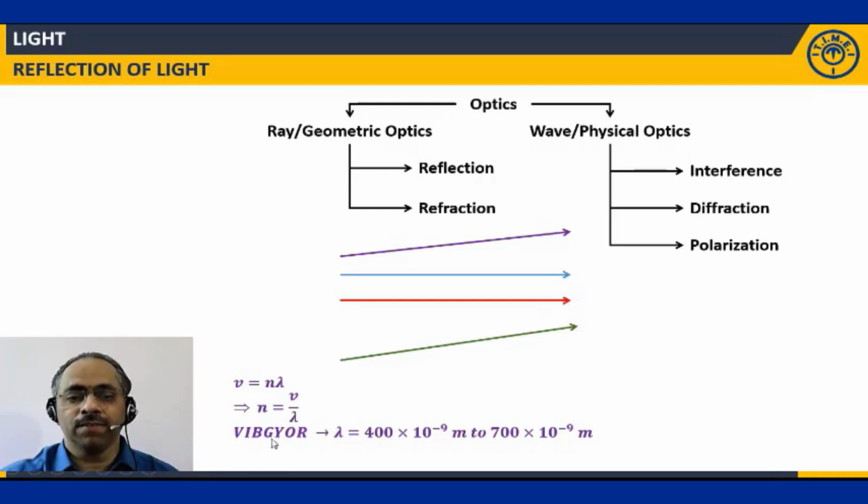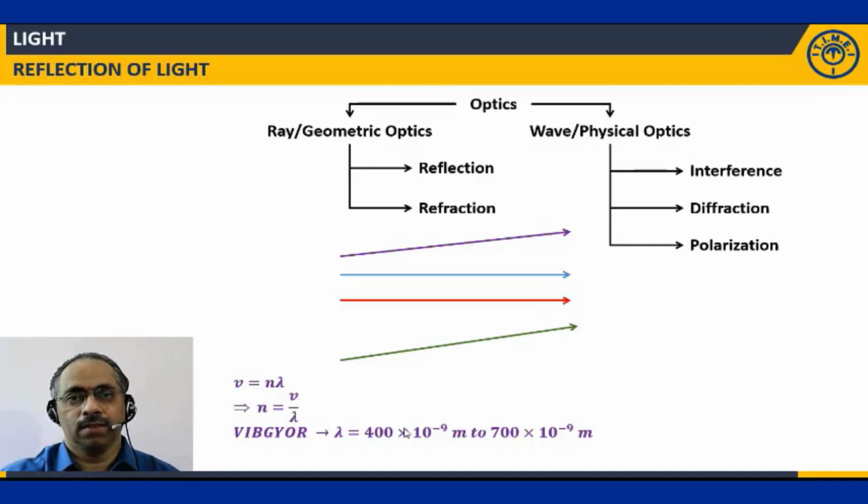The wavelength of the VIBGYOR spectrum ranges from 400 × 10^-9 meter to 700 × 10^-9 meter. The longer one is for the red color, the shorter one for the violet color. So the wavelength of the VIBGYOR colors will increase from violet to red.